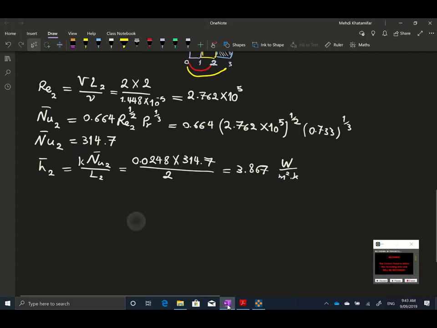Now let's find from 0 to 3 what is the Reynolds number for plate 3. Velocity, length for number 3, nu.